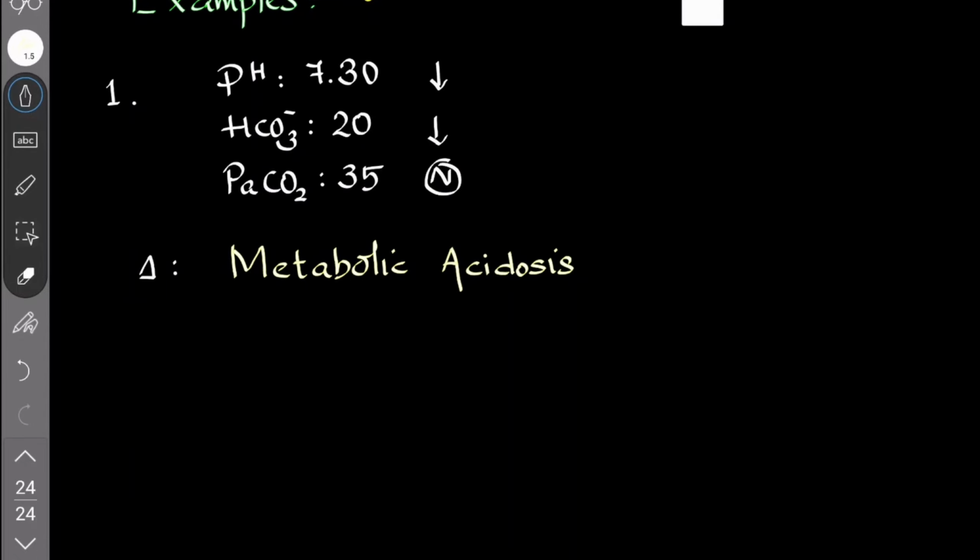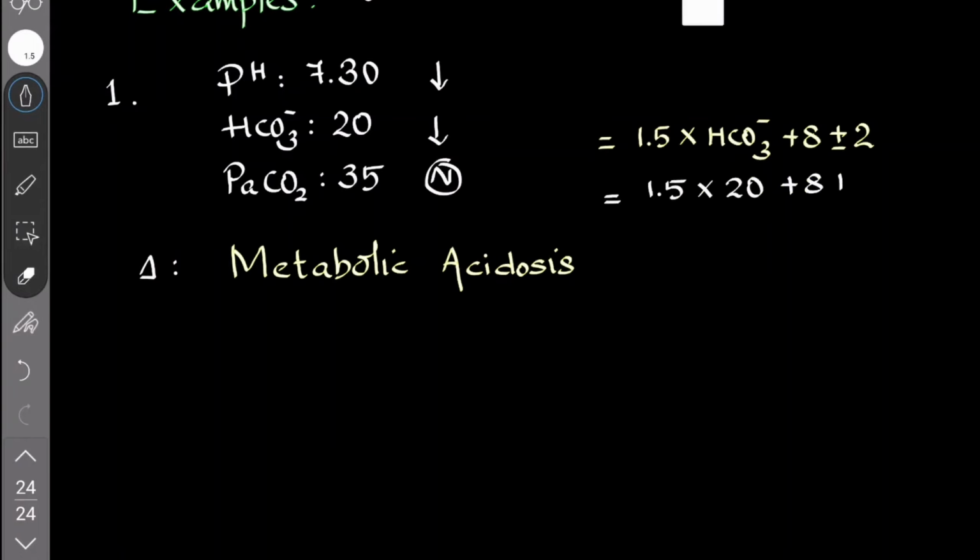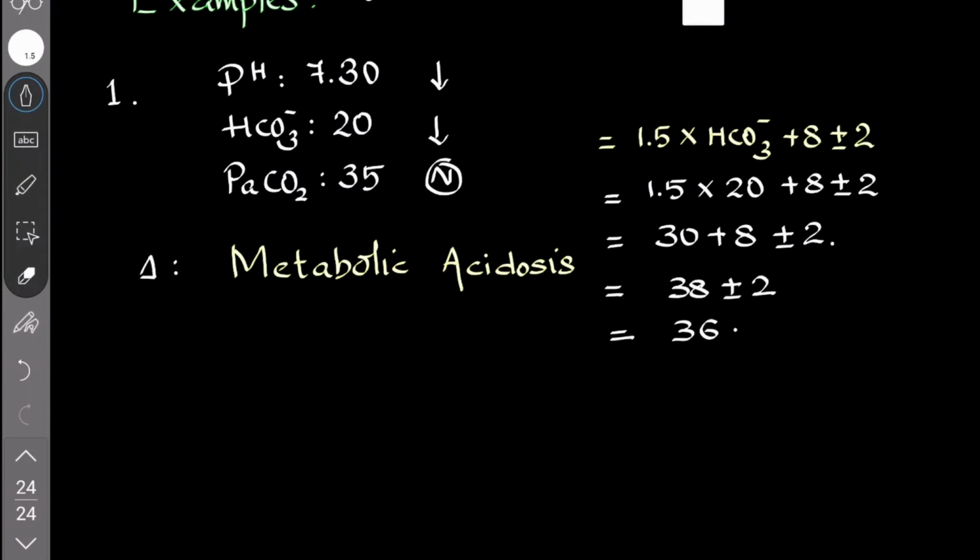In metabolic acidosis, we check 1.5 into bicarbonate plus 8, plus or minus 2. So 1.5 into 20 plus 8 plus or minus 2, which comes to 30 plus 8 plus or minus 2. So it comes to 38 plus or minus 2, that is 36 to 40.